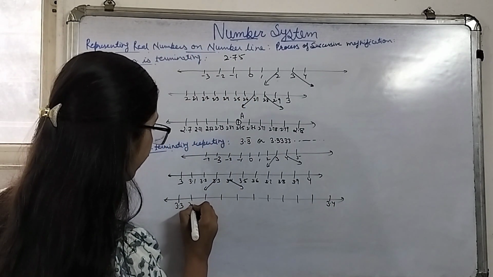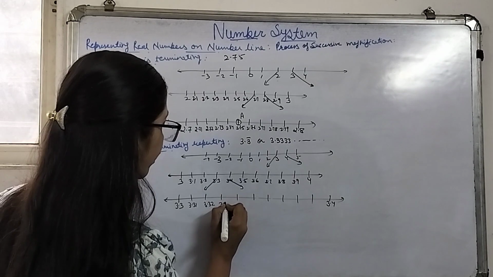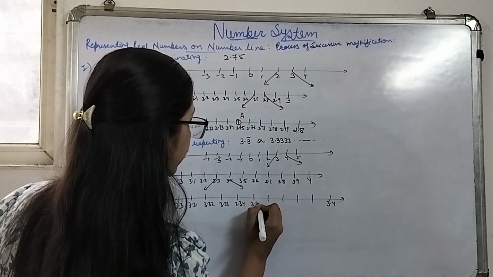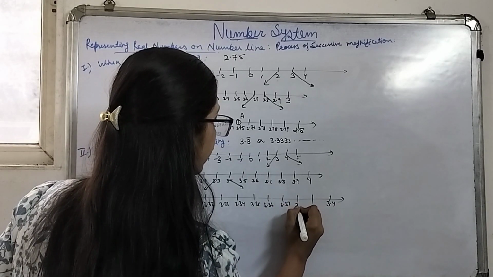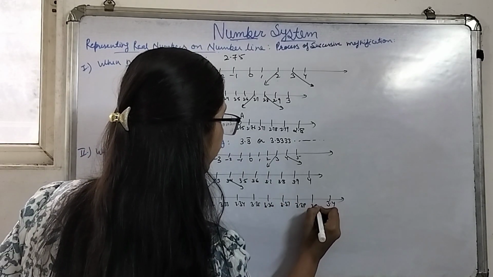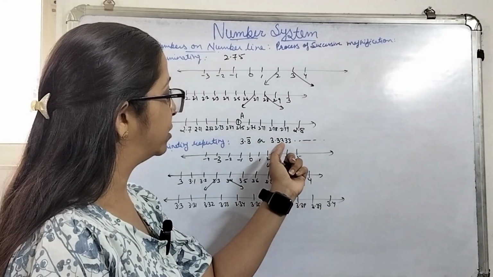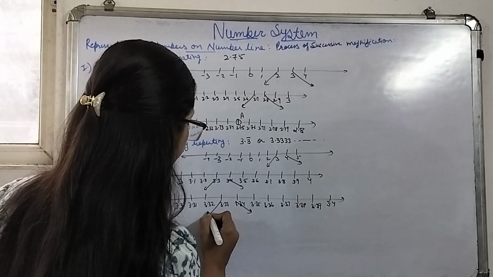The first part will be 3.31, 3.32, 3.33. Like this we will keep on writing. 3.35, 3.36, 3.37, 3.38, 3.39. Now we can see that the number will lie between 3.33 and 3.34. Further we will be magnifying this.